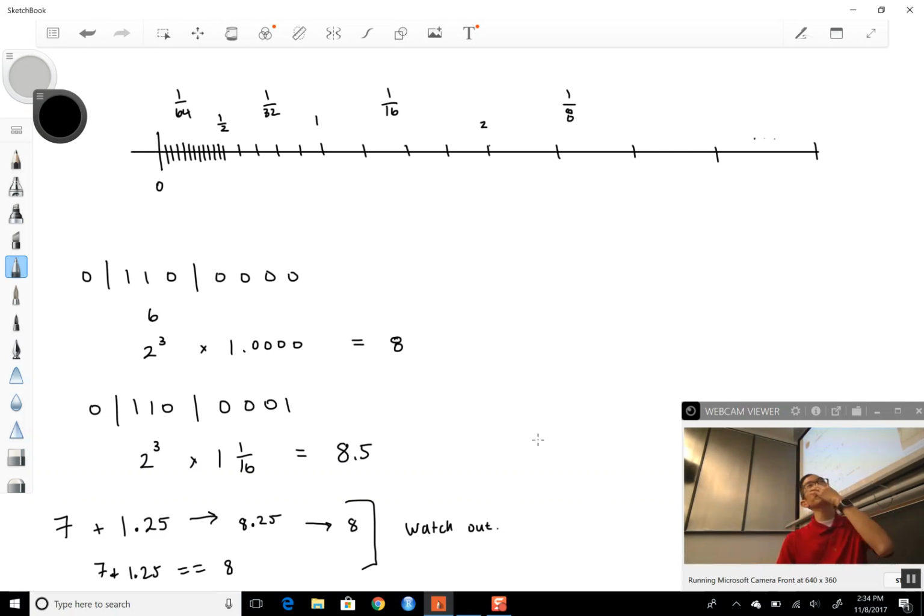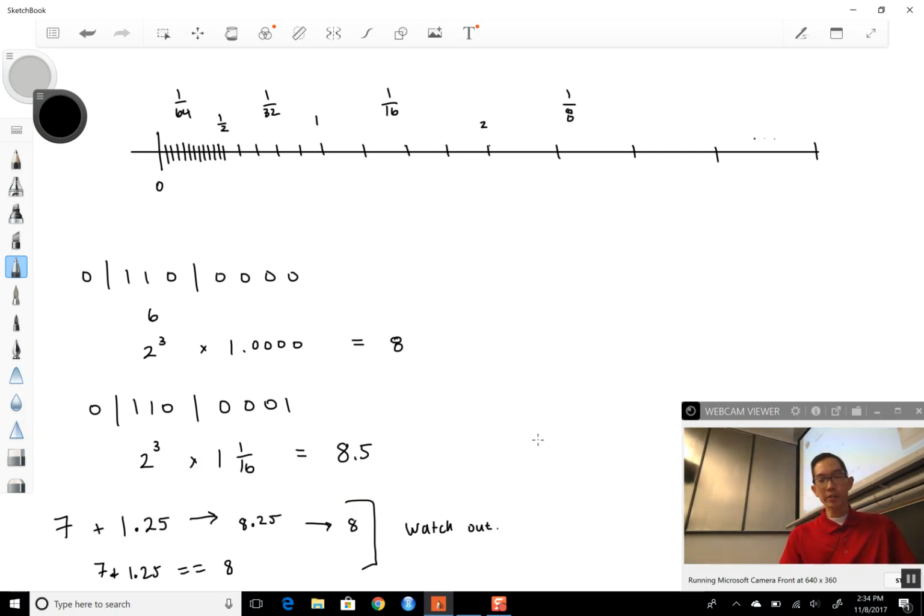All to say, the rules of math fall apart in floating point arithmetic, and we have to be careful. So this covers basically what I wanted to say about floating point math.